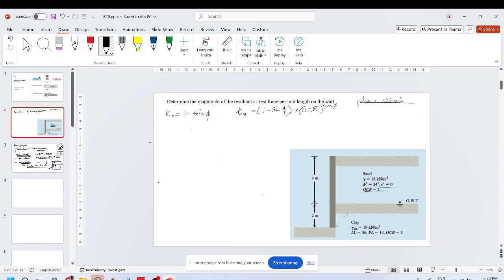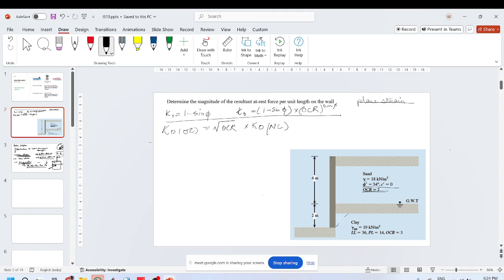So basically what we mean is K naught for OC soil equals root of OCR times K naught for NC soil. This is one way.